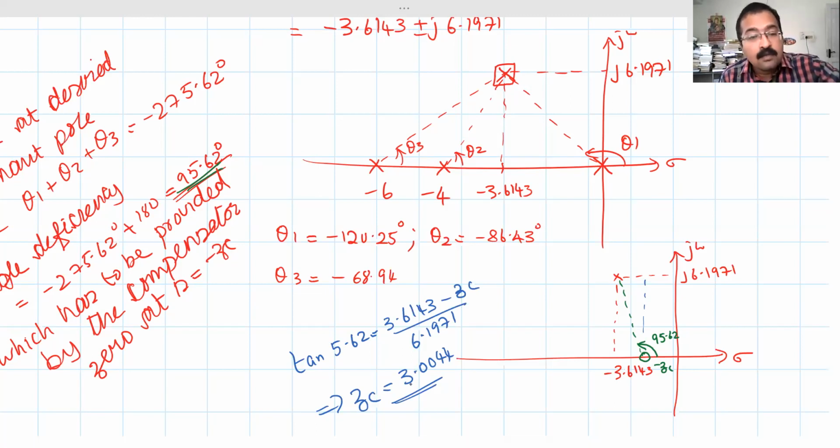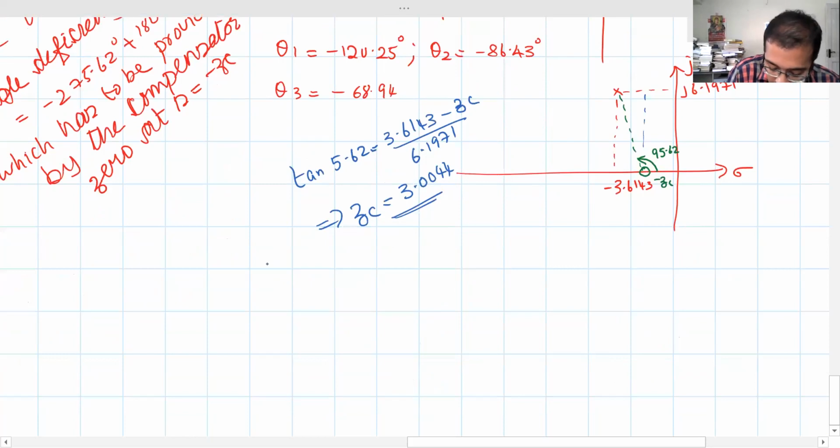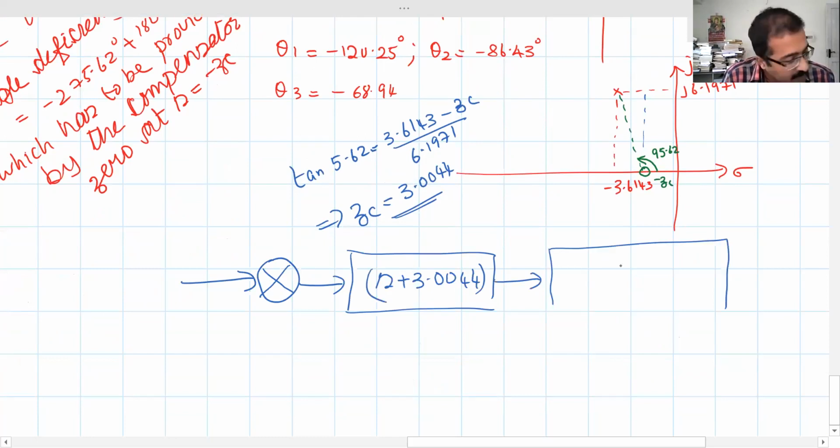So we found the compensator zero to be at 3.0044. What will the system be right now? Here we have a summing point, and a compensator whose zero is at s plus 3.0044. We are given the plant, K divided by s into s plus 4 into s plus 6.